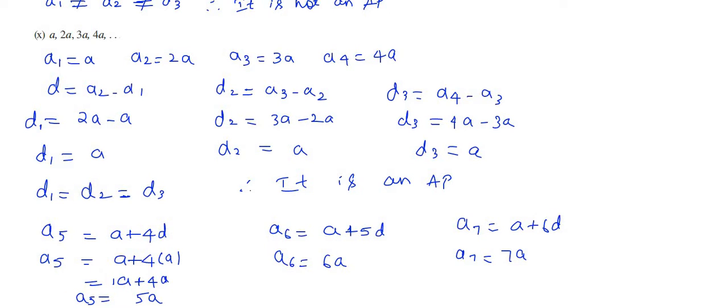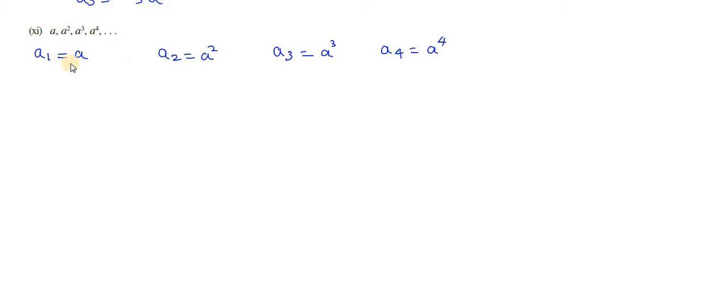Yes. Next problem. So here a1 they gave a, a2 is a square, a3 is a cube, and a4 is a to the power of 4. So now we have to tell whether it is an AP or not. So how? That is d1 is equal to a2 minus a1, d2 is equal to a3 minus a2, and d3 is equal to a4 minus a3.